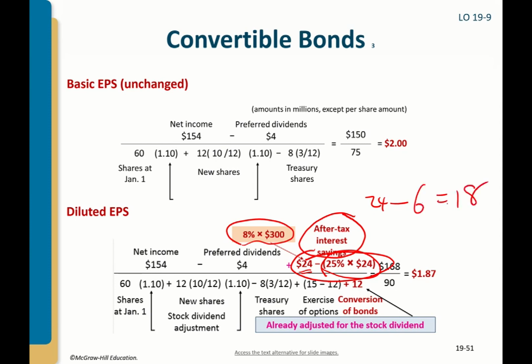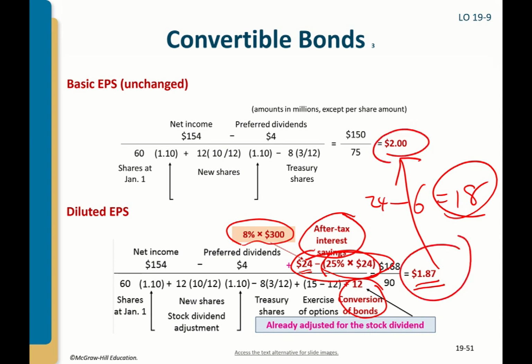So the net after-tax interest expense saved is 18, and the denominator increased by 12 million. So the diluted earnings per share is 1.87, which is less than the basic earnings per share. So we use the diluted earnings per share.